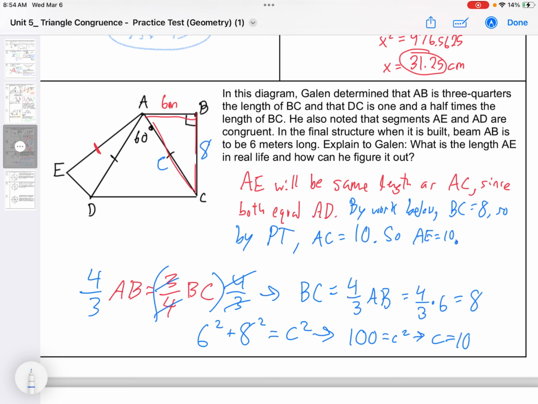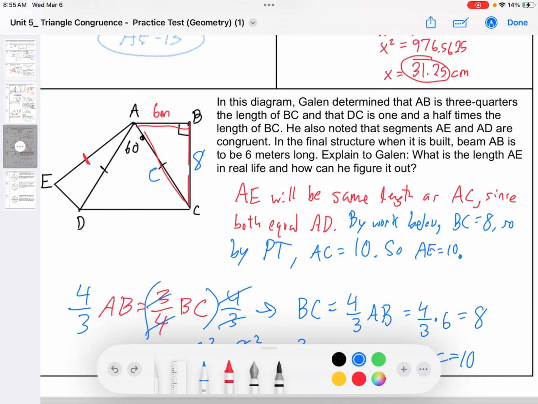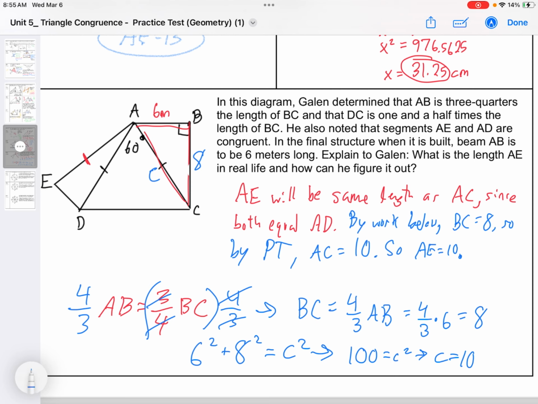Now, there's actually a completely alternate way to do this, and I'll show you a way to do it that's even debatably a little bit easier using ratios. Here's what you can do. You notice we never used this DC is 1.5 times the length of BC part. So once we know that BC is 8.